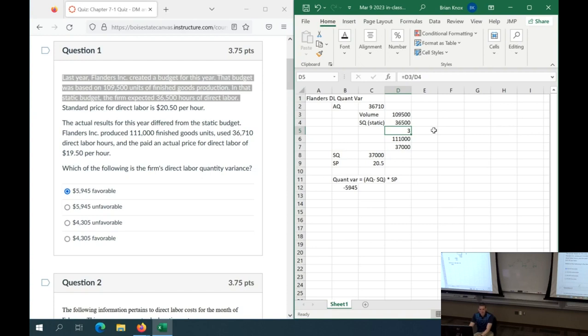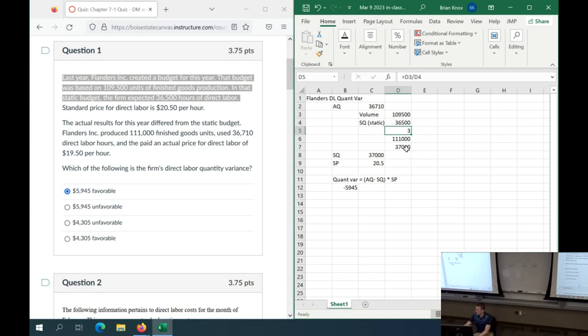Is there a reason you did the volume over the hours instead of the hours per unit? Because I didn't want to have 0.3 repeating. There's no good reason to. What you have to do is make sure you have it the same way when you're scaling it to the flexible budget.